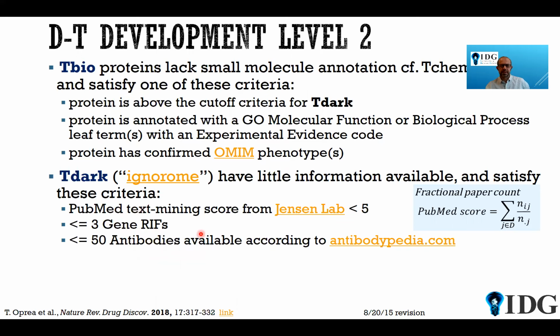And then proteins that are not Tdark, not Tchem, or not Tclin, they typically end up in Tbio. And often they end up in Tbio where they meet 2 out of 3 criteria to not be in Tdark, meaning a higher publication score or more Gene RIFs or more antibodies, but also, for example, when there is a Gene Ontology molecular function experimental evidence code.